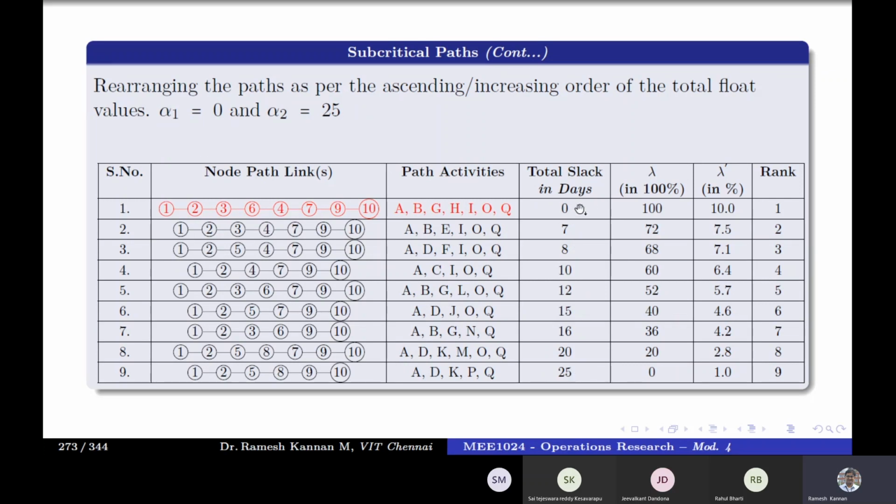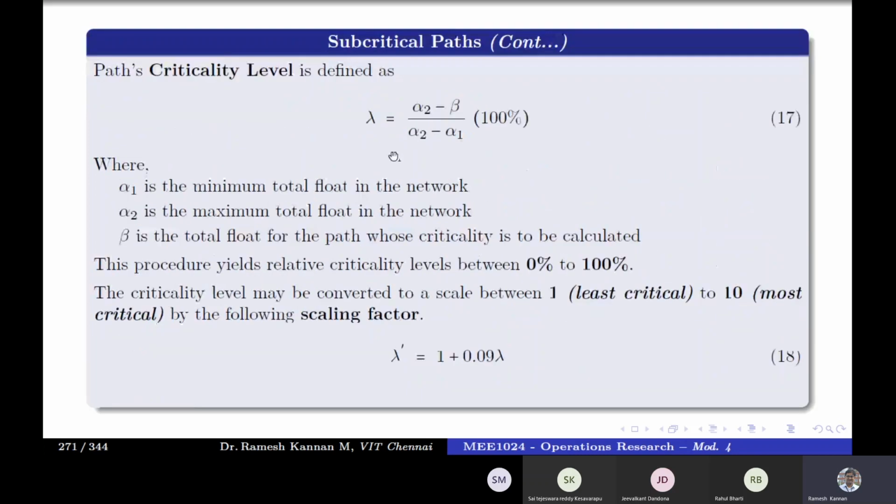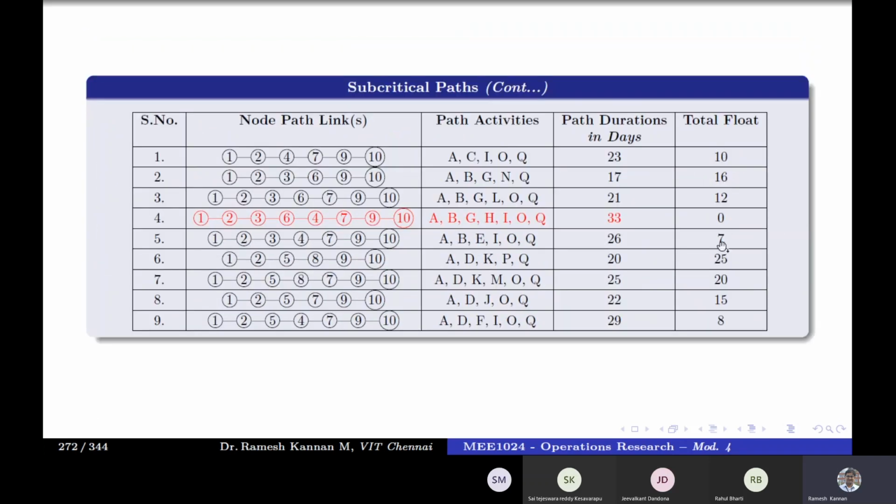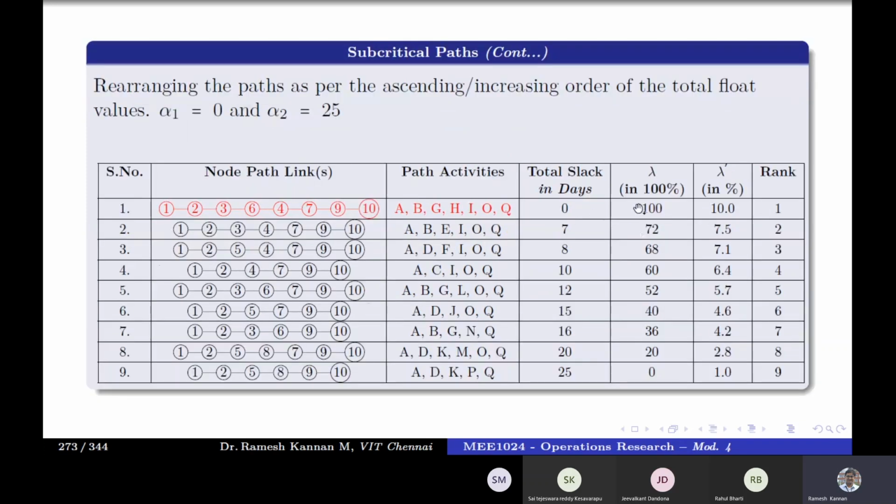And the formula is alpha 2 minus beta divided by alpha 2 minus alpha 1. So beta is this particular total float. In this case, alpha 2 is 25 minus beta is 0, divided by alpha 2 is 25 minus 0, which means 25 by 25 is 1.